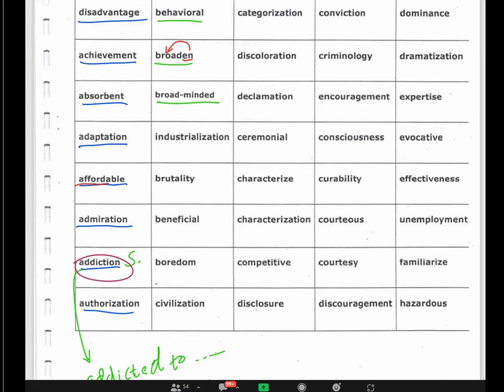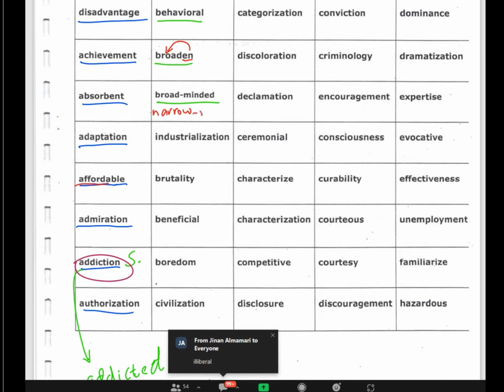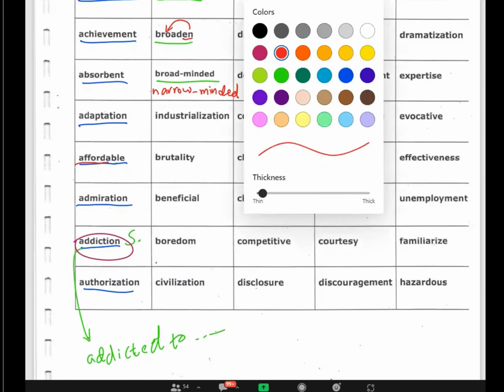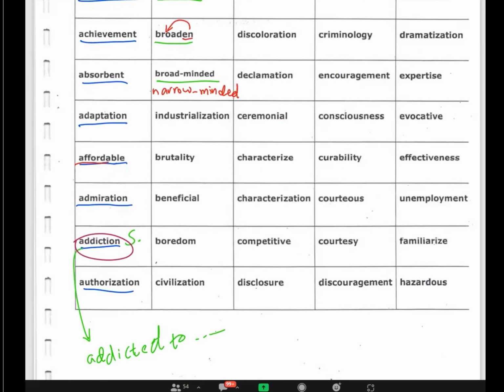Let me write it for you. Narrow-minded is the opposite. A narrow-minded person looks at things from one side, and he hardly accepts others' opinions. Usually old people are narrow-minded. Some of them, not all of them.